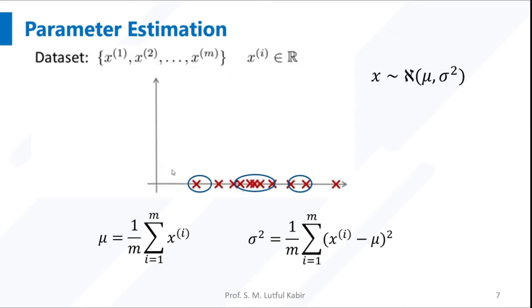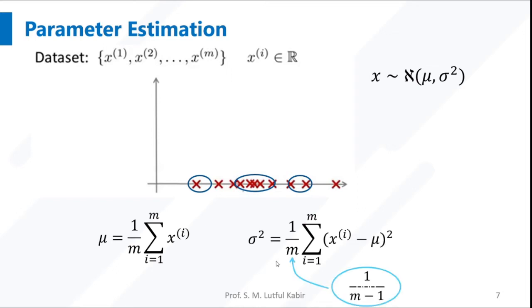If there are, say, 1000 points, for every point you calculate the distance from the mean position and take the square. So you get how far the overall points are with respect to the mean position. So that is the width of the curve.